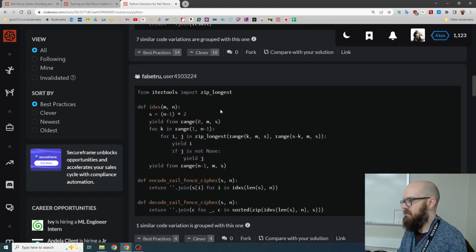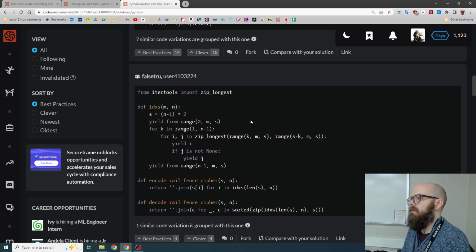So a minute ago I said zip will just ignore if it has some gas left over in one of the sequences when the other one runs out. This one imported zip longest, which is interesting. I think the reason is, and I'm just looking at this quickly, but when I Googled earlier, I Googled like rail fence cipher to see what was out there.